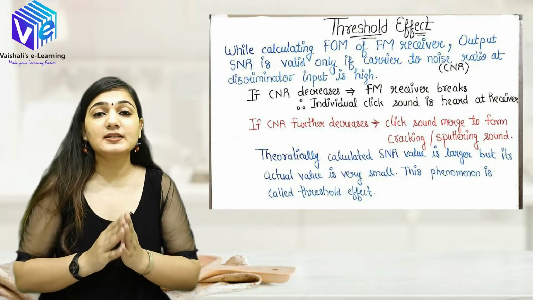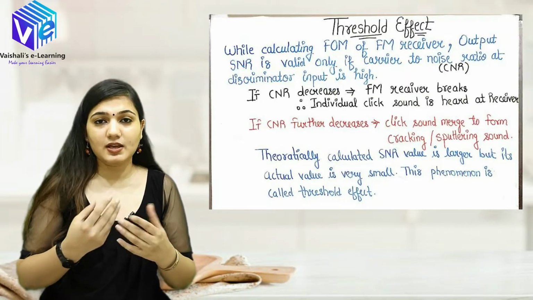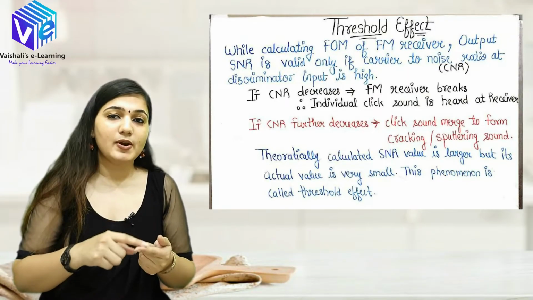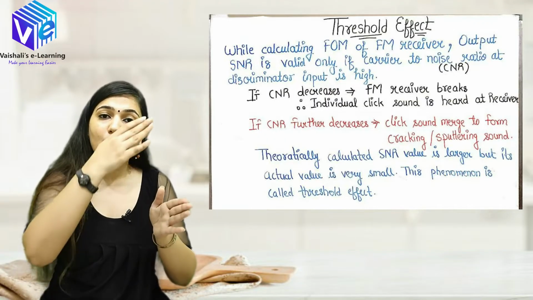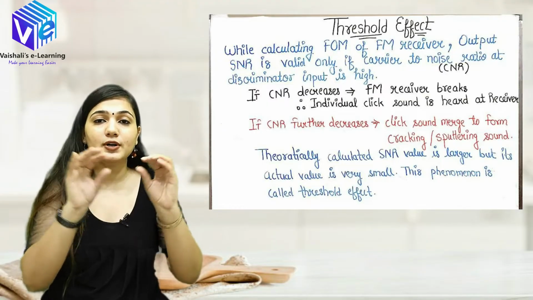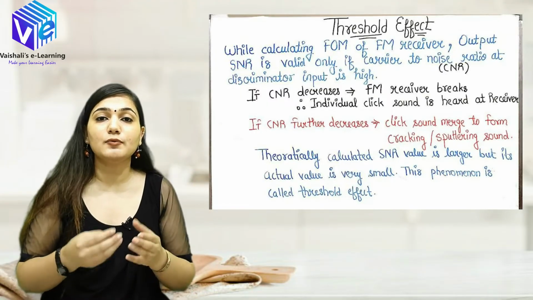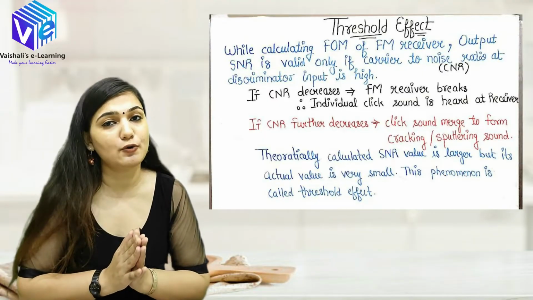Some cracking sound, or click sound to be precise, will come whenever the carrier to noise ratio drops below the threshold. Whenever more click sounds merge, we have a cracking or sputtering type of sound.